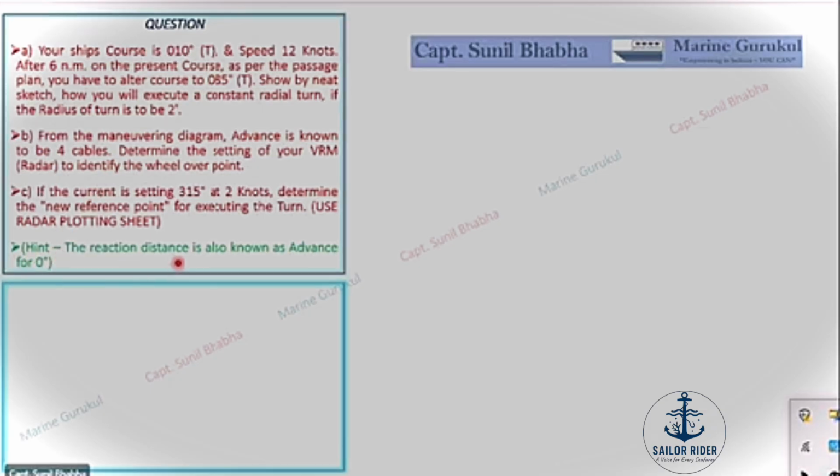The reaction distance of the ship is also known as advance for 0 degrees. You see, I told you advance is the distance traveled by the ship in the ahead direction before it alters its course by that particular value. So advance for 0 degrees means that the ship has not yet started alteration of its course.